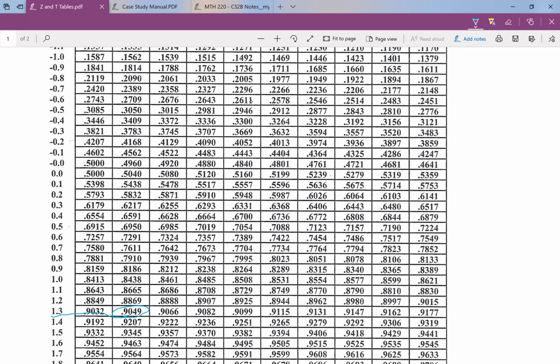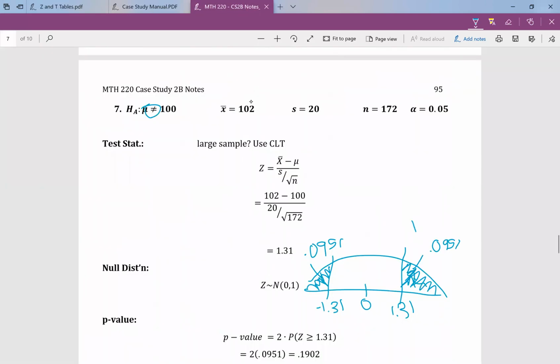So I'm going to have to do 1 minus 0.9049, which will give you 0.0951.